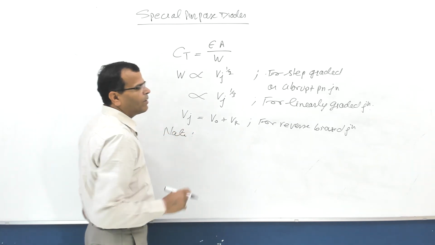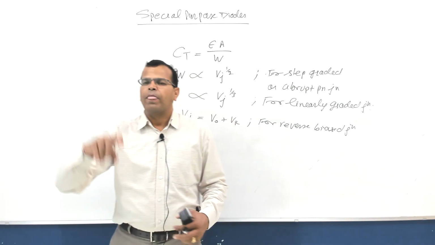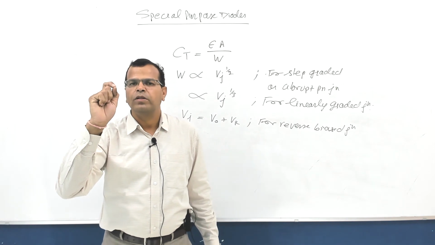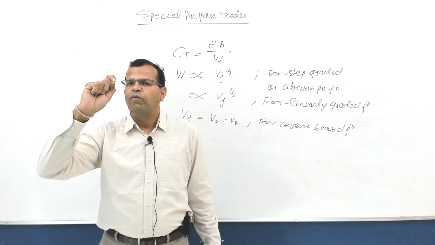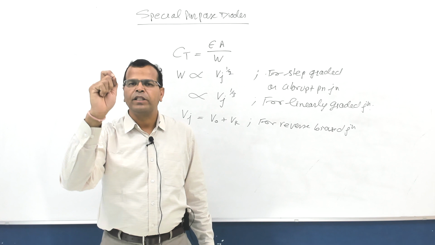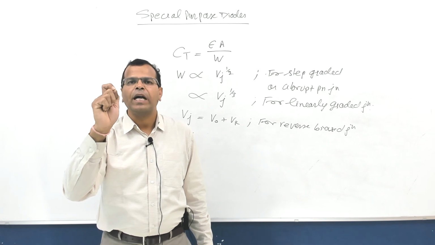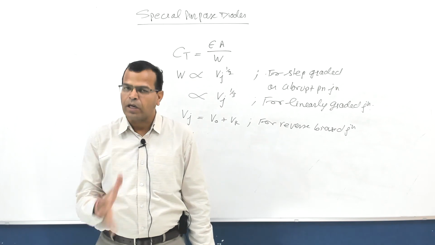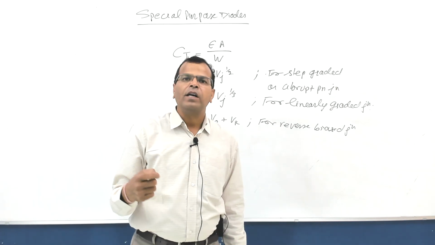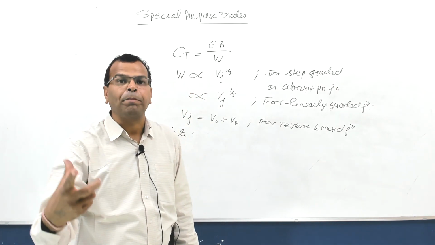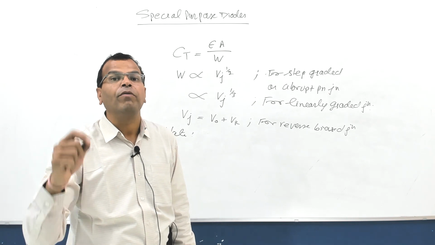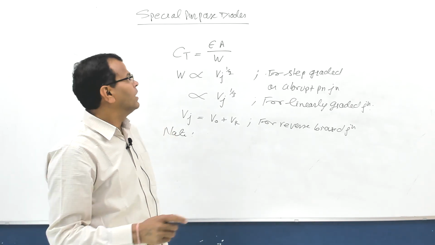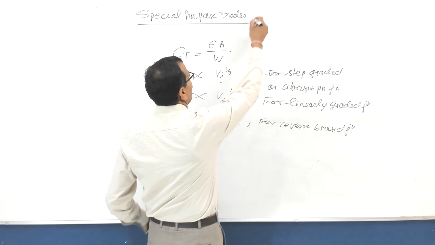So what is the note here? Note is nothing but, I repeat, a Varactor diode works on the principle of change in transition capacitance of a reverse biased PN junction. That is the definition. Varactor diode is also called Varicap. What is the meaning of Varicap?